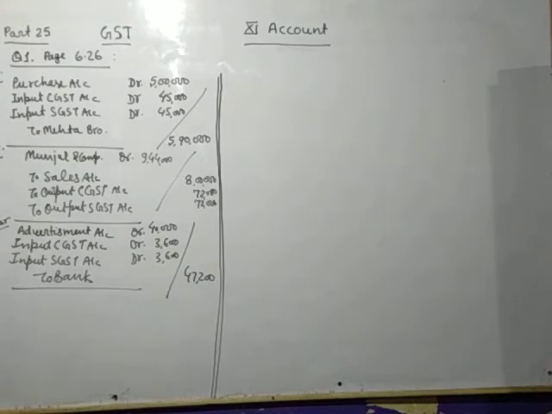Date 18 March. Purchased furniture for office use 50,000 and payment made by check.